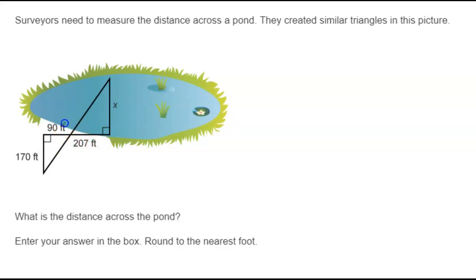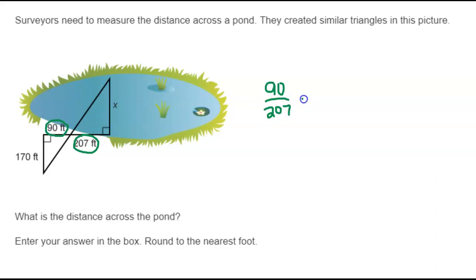That means that 90 is corresponding to 205, and we can set that up so that we say 90 corresponds with, and I said 205, but I meant 207. I apologize.